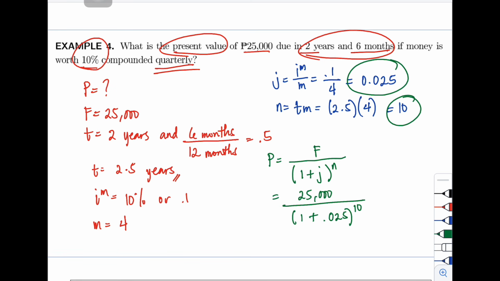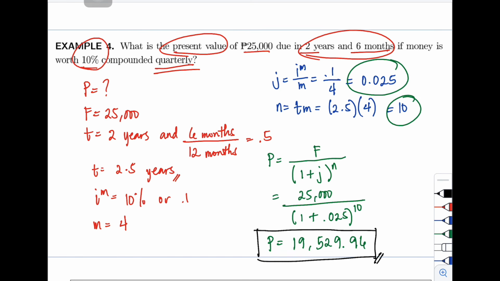Okay, so using your calculator, we have 25,000 divided by the quantity of 1 plus 0.025 raised to 10. So, pag sinolve niyo yan guys, ang total ng ating present value is equals to 19,529.96. Ito na ngayon guys yung ating final answer.